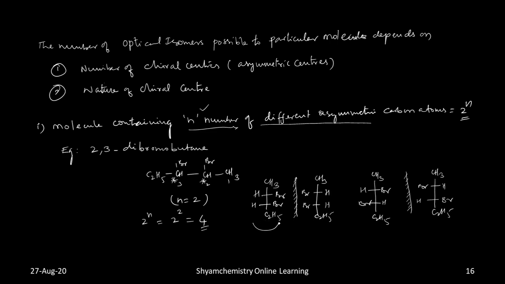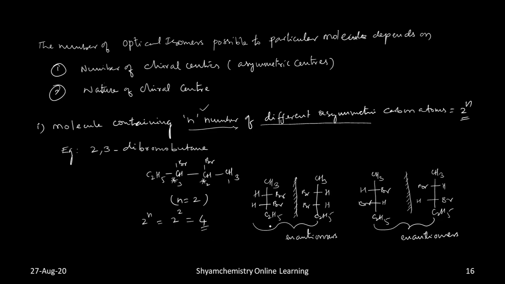Two enantiomers. These two are now enantiomers: mirror images, non-superimposable. This pair also enantiomers: mirror images, non-superimposable.